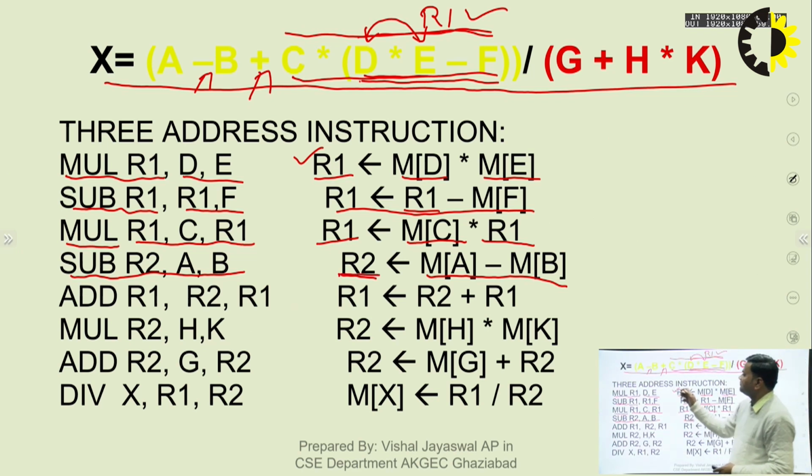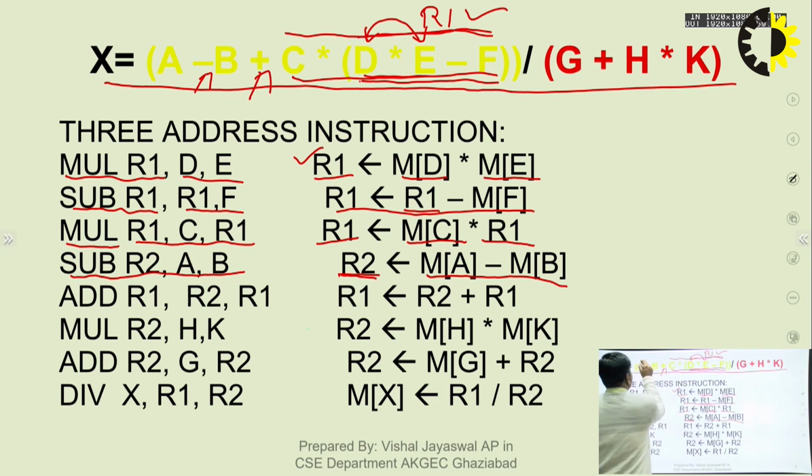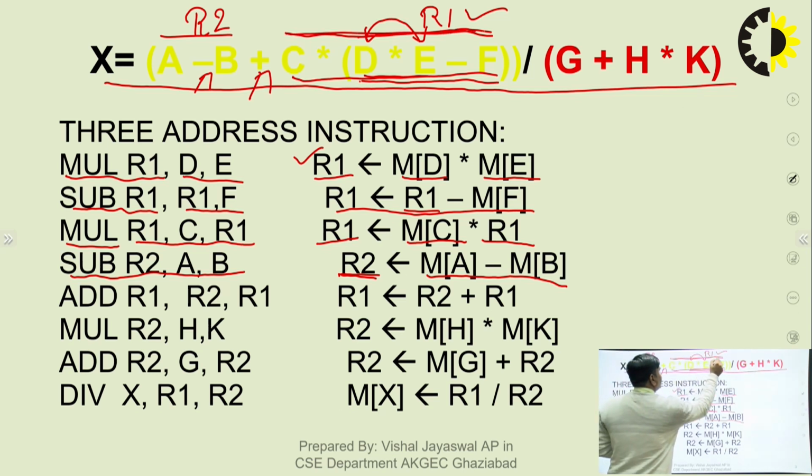After that, we solve E minus B, it is in R2, and this whole result is in the R1 register. After that we are going to add, using the plus operation.